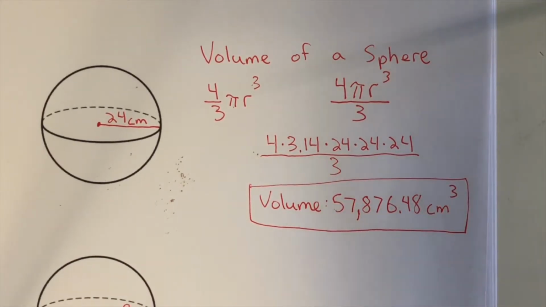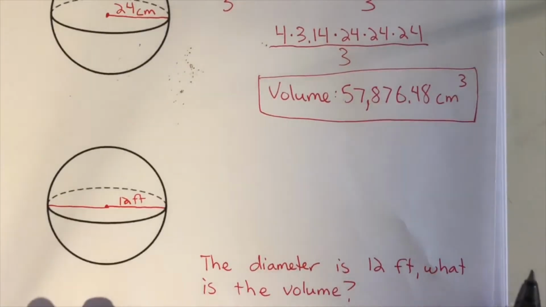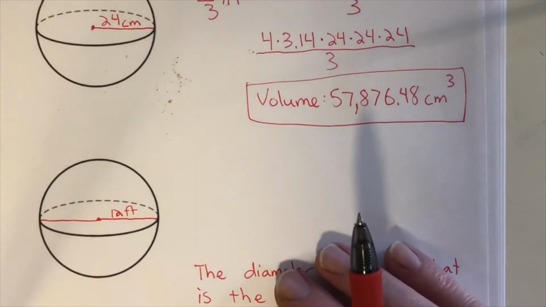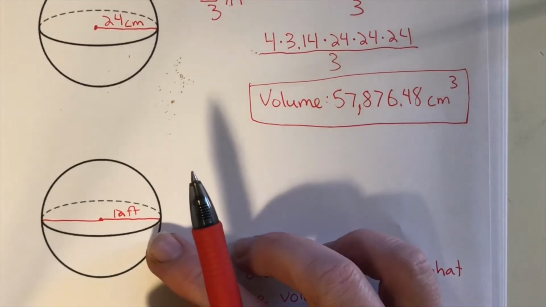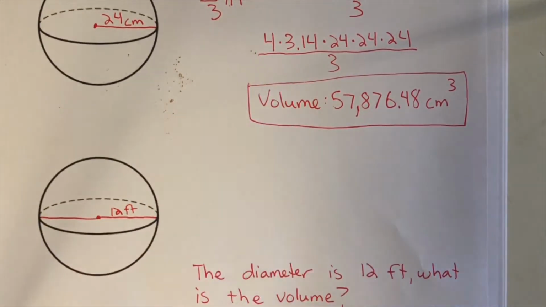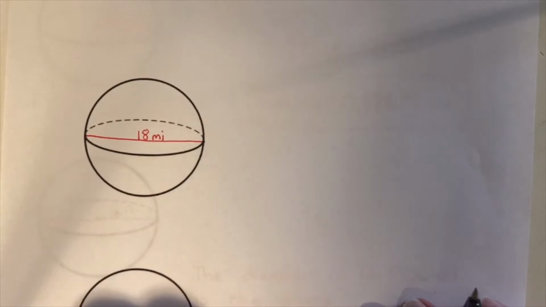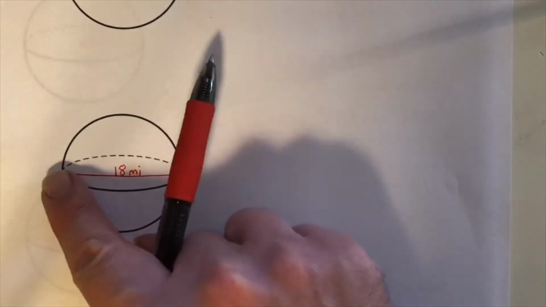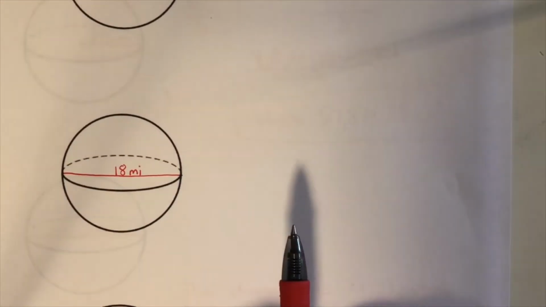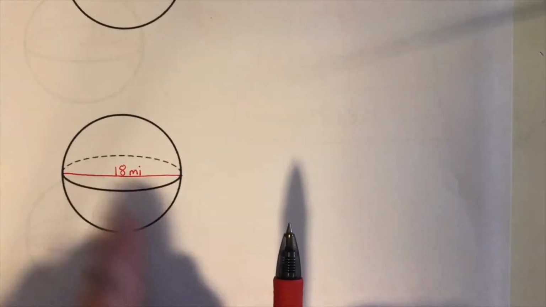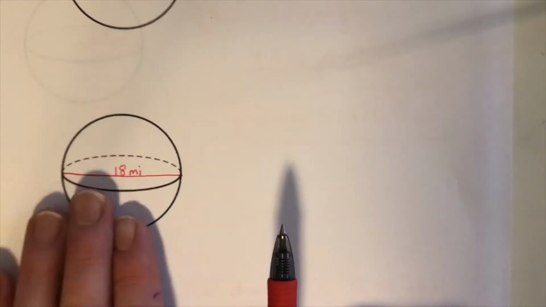Now, if I have one that is something like this, where it only gives me the whole distance across, actually let me pull up this one here. So let's say it gives you the diameter. So the diameter is all the way across. Since it's all the way across, the radius is going to be half that amount.